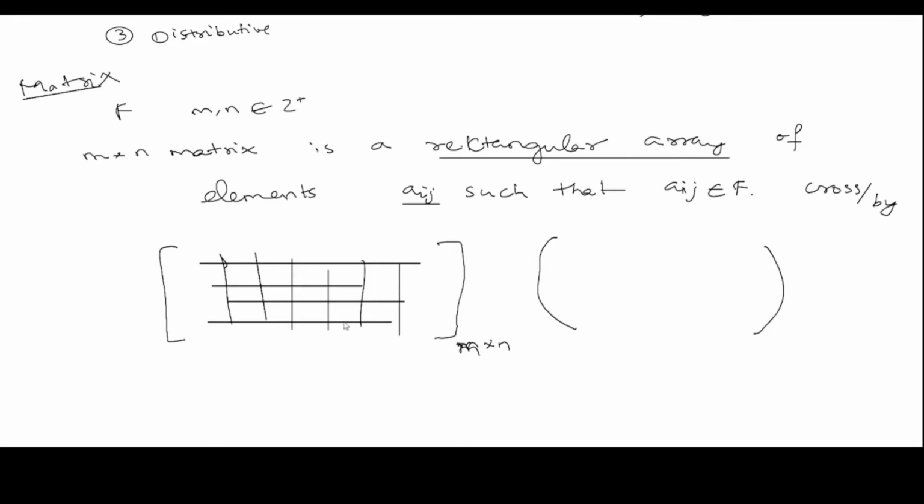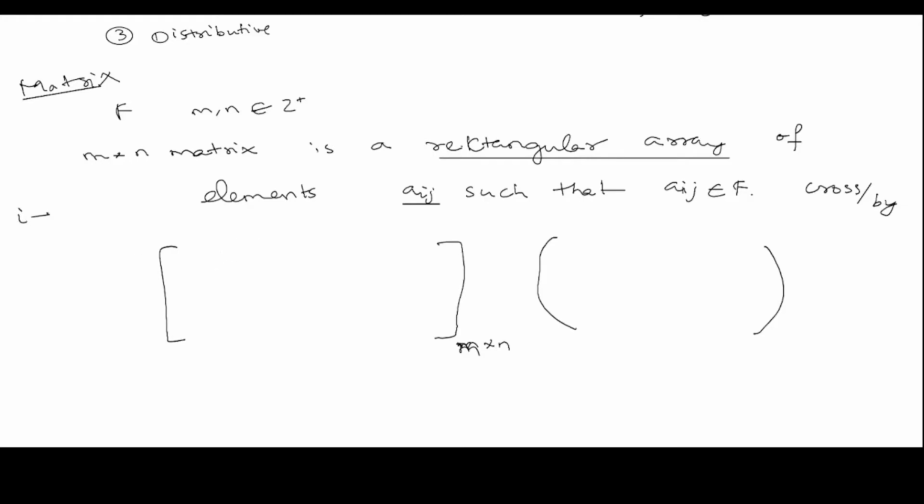It looks like a rectangle with a few elements, and each element is called aij, depending on which row and which column you place that element in. The general notation is i for row and j for column. When you say m cross n, the first number, m, represents the number of rows: 1, 2, 3, going on till m.